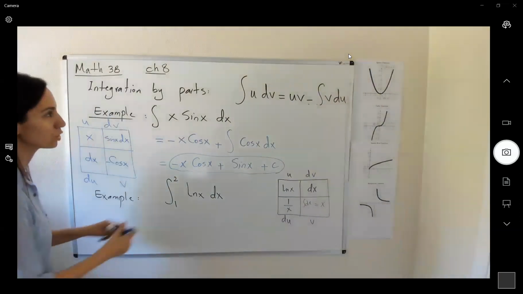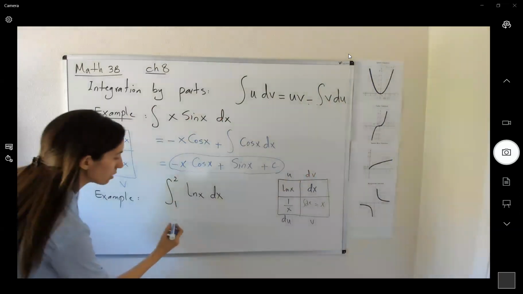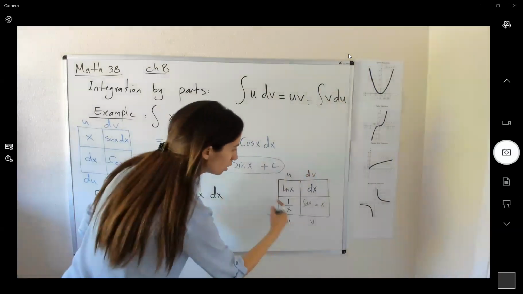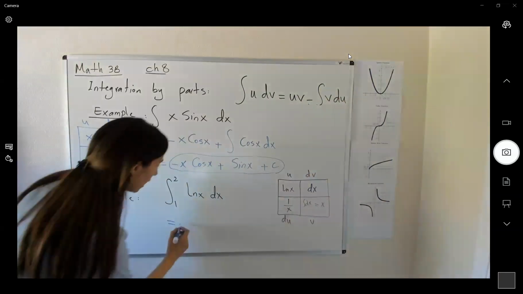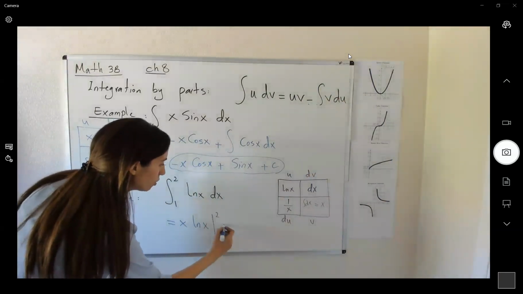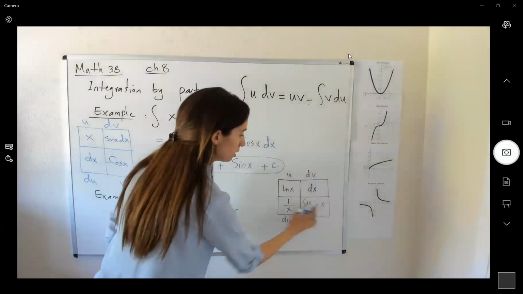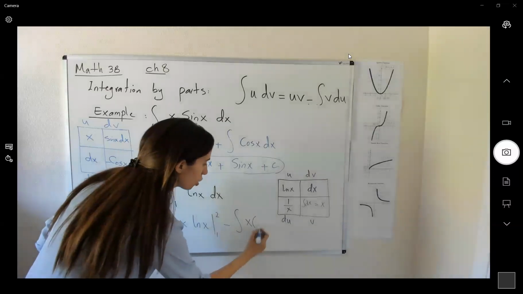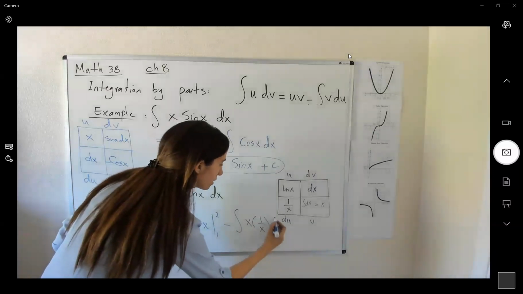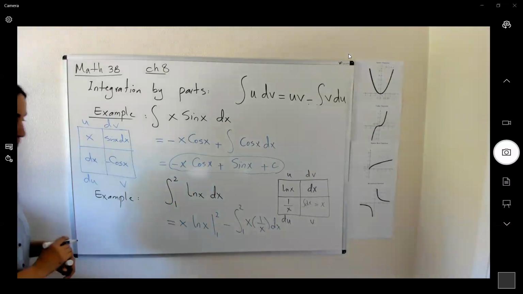So using uv minus the integral of v du, this is equal to x times ln of x from 1 to 2, minus the integral of x times 1 over x dx, x ranging between 1 and 2.